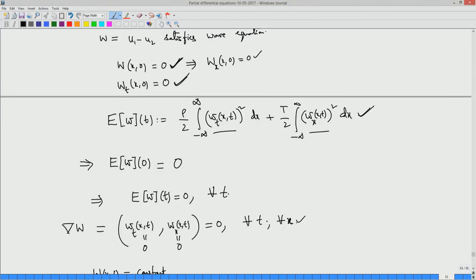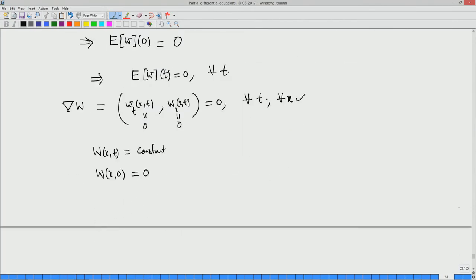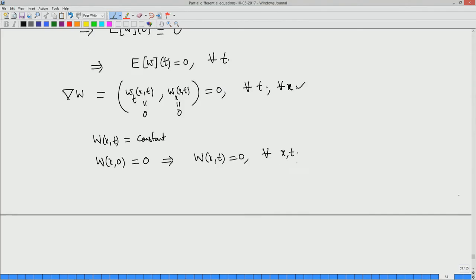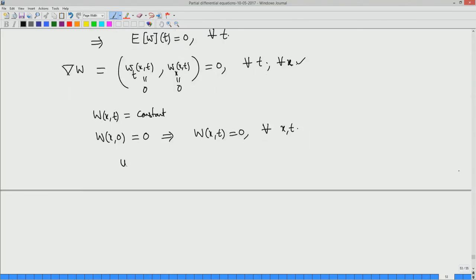This is the initial condition, w at (x, 0) is 0, which implies w at (x, t) has to be 0 for every x and t. So what is w? u1(x, t) minus u2(x, t) is equal to 0. That implies u1(x, t) should be the same as u2(x, t) for every x and t.